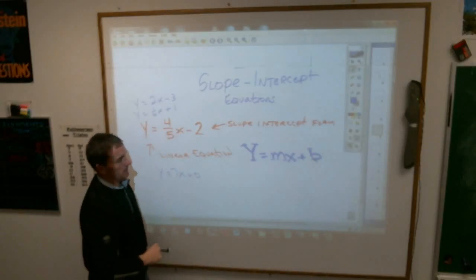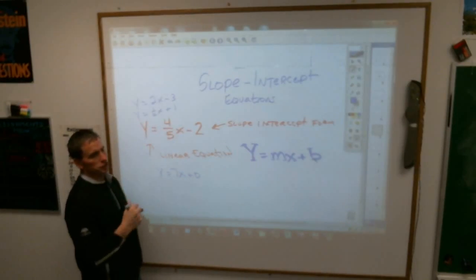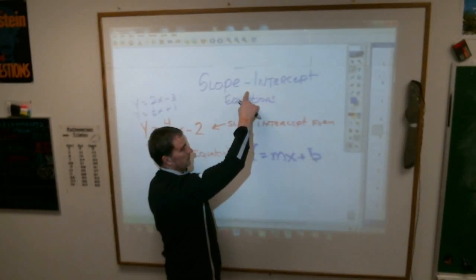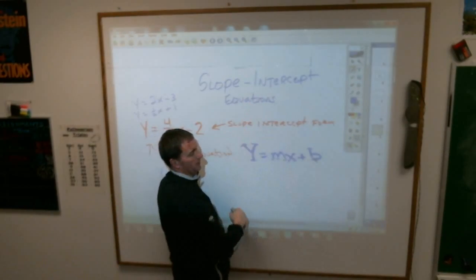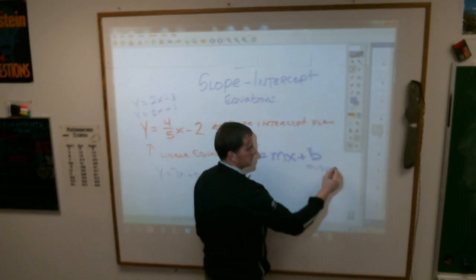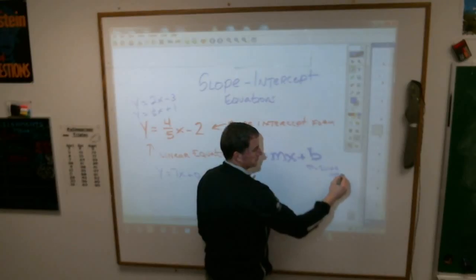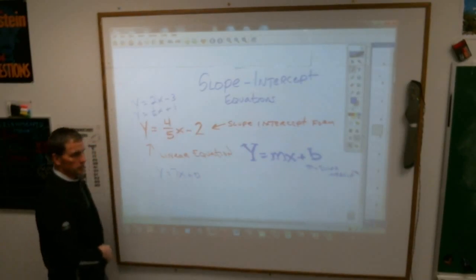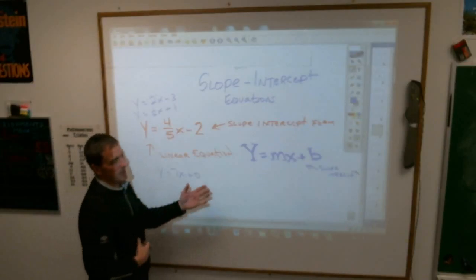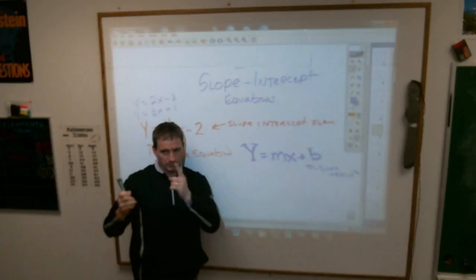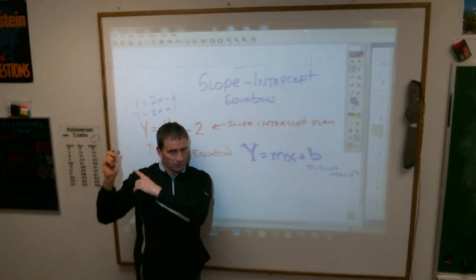And what I like to say is that is the generic form of slope-intercept. Okay, the generic form of the slope-intercept equation. That's what math people use just as the generic thing. This is not going to give you a line because there's no numbers there. Okay, you have to fill in the numbers or they'll give you the numbers.